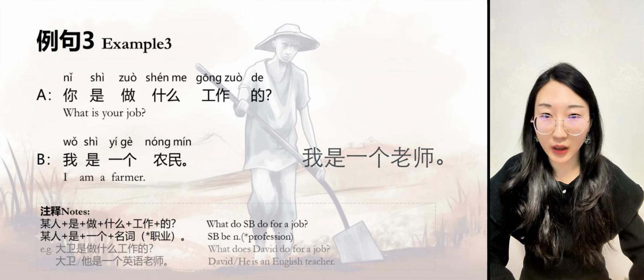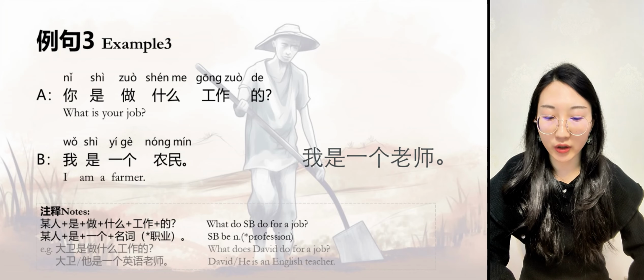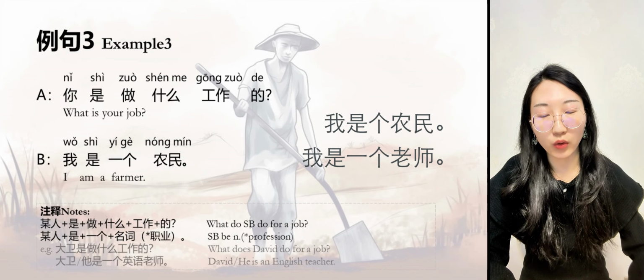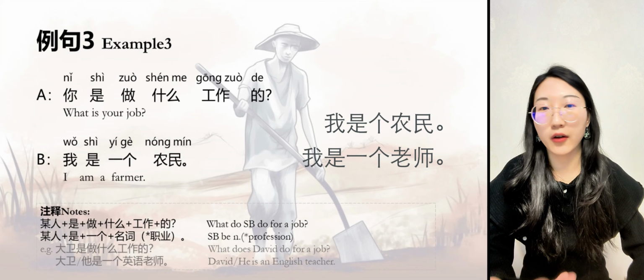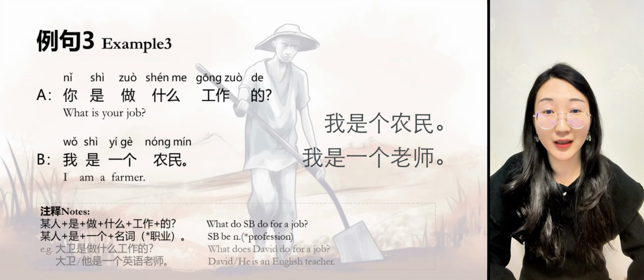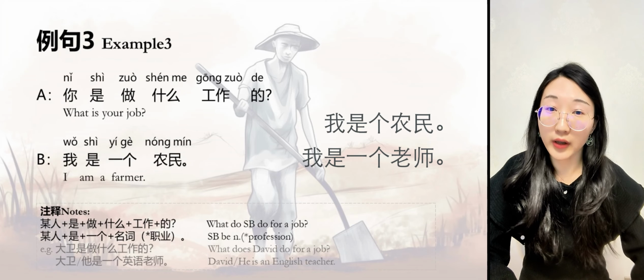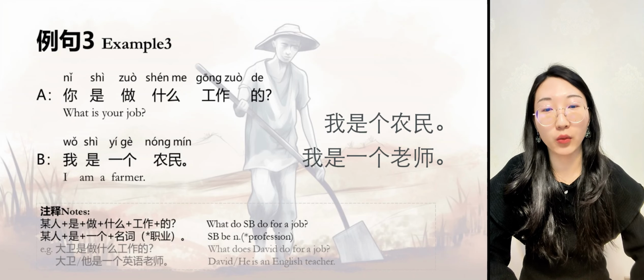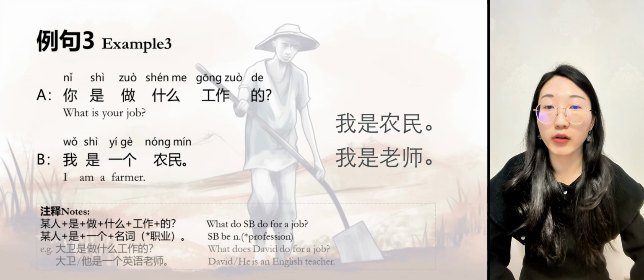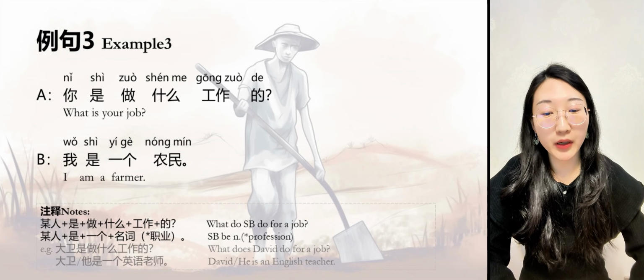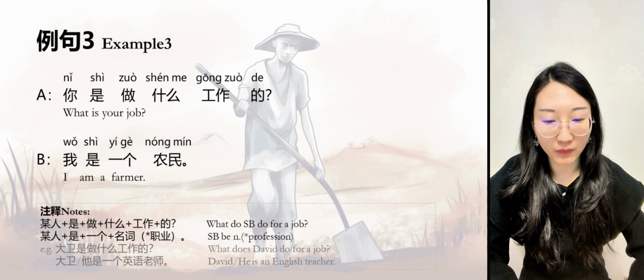We're saying, I am a teacher. 我是一个老师。I am a farmer. 我是个农民。We're not counting, like there are 3 teachers, 5 farmers, 6 students, right? So in this case, we don't have to use number. We can only use classifier or we don't use classifier at all. They are both okay. Now you can read after me with the example sentences again.